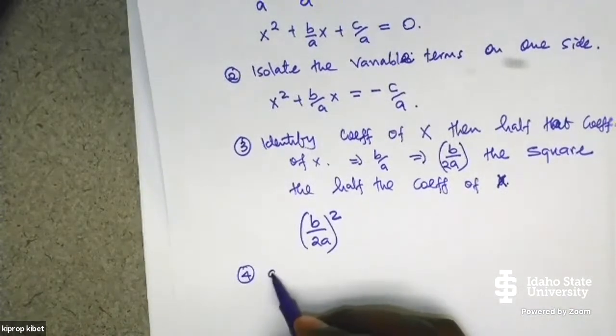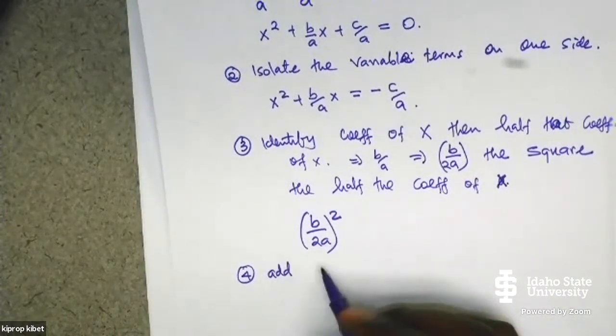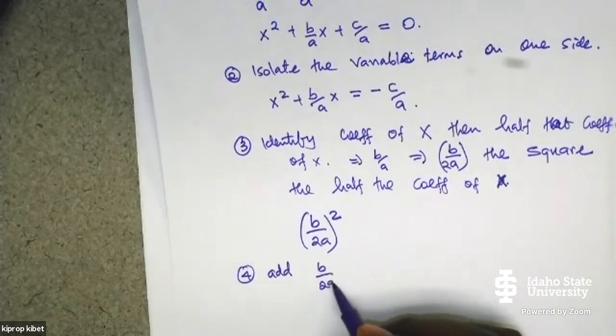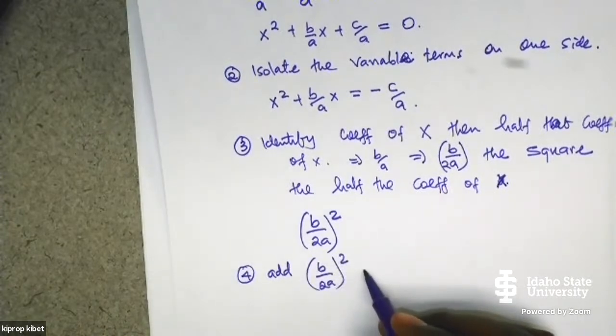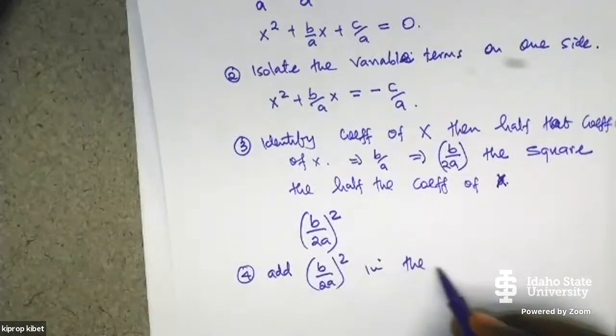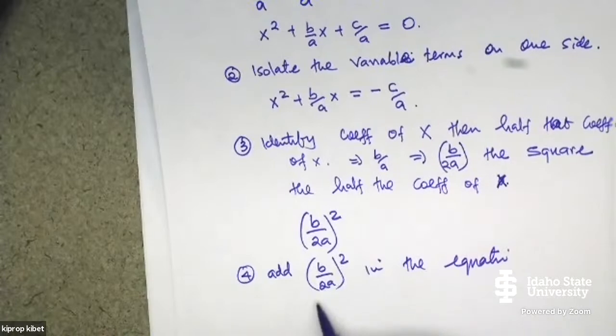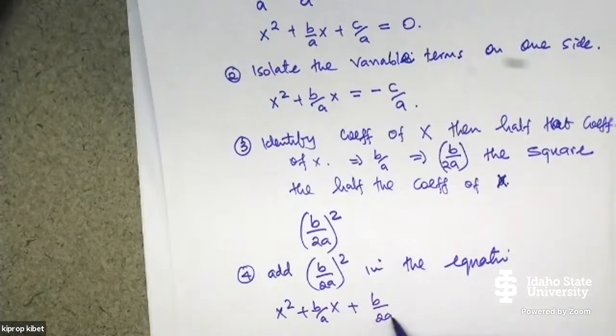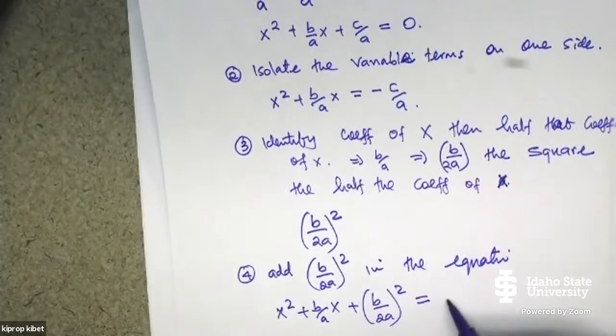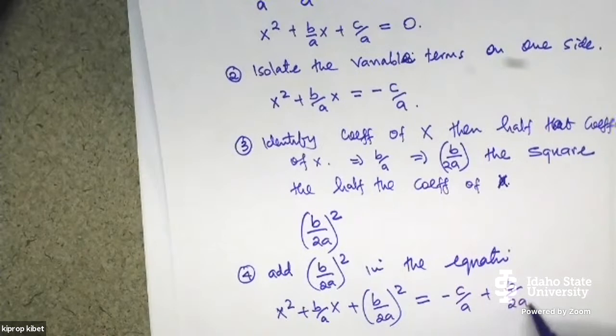So we add b over 2a squared to the equation, whereby it will now be x squared plus b over a x plus b over 2a squared, and on the other side, minus c over a plus b over 2a squared.